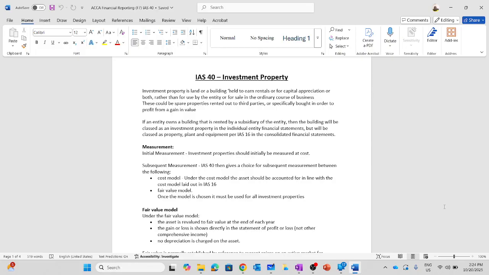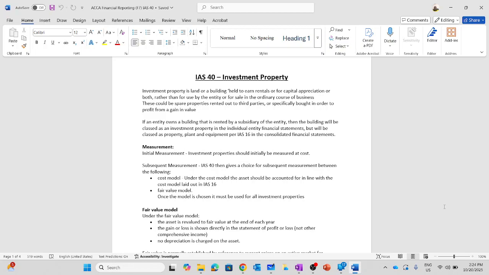Also, we need to note that if we own a building that is rented by a subsidiary of the entity, in the situation where we have a parent and a subsidiary, two separate legal entities, but because of the consolidation, we need to treat them as a single entity.